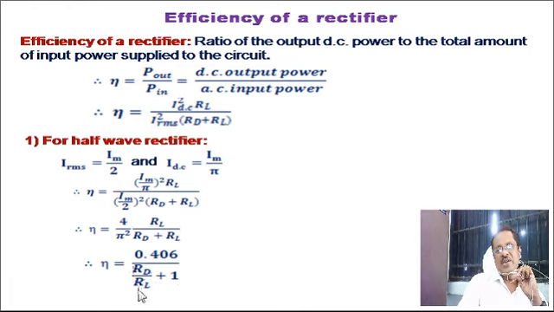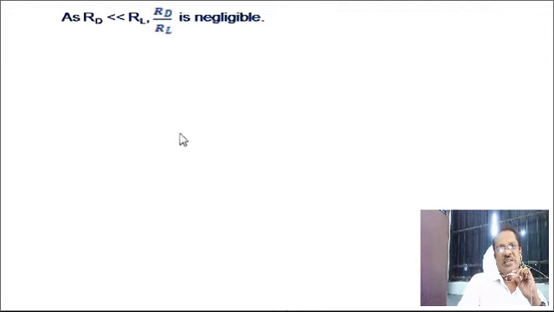So this term RD upon RL plus 1 will be nearly equal to 1, because RD by RL is very less than 1, so it is almost negligible, and therefore the value of eta will be 0.406. So this is the efficiency of a half-wave rectifier circuit.